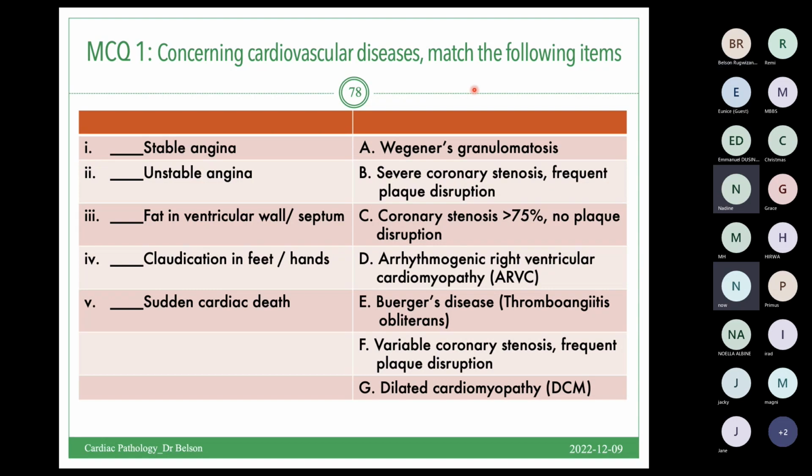Okay. There are things we have not seen here, but have to know also. So if there is fat in a ventricular wall or in its septum, what will be the consequences, or what things can we connect from this right side?